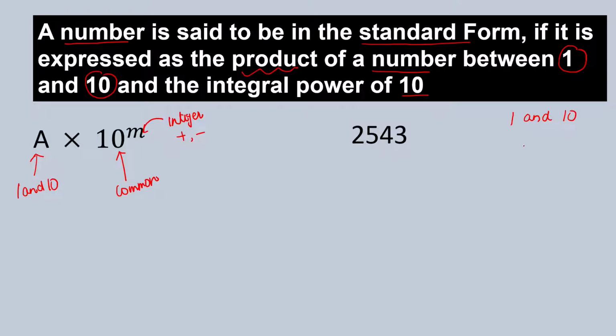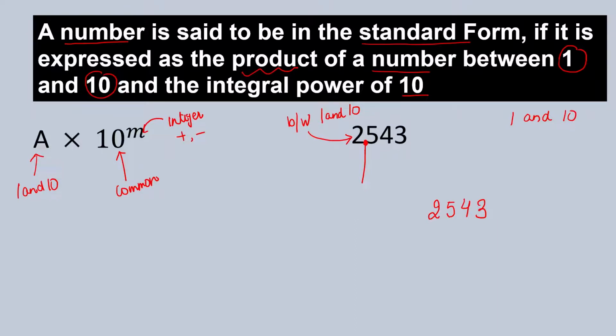If you put a decimal over here, then it will become 2.543, which means this 2 is between 1 and 10. Now, what is the rule of inserting decimal?